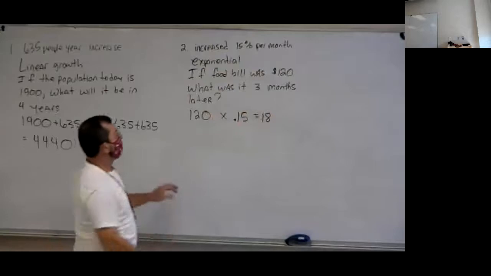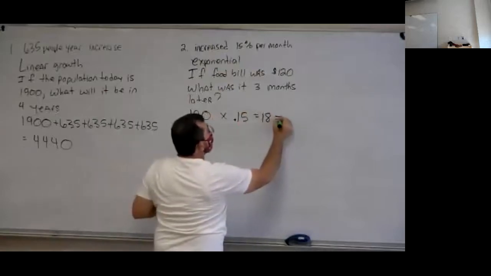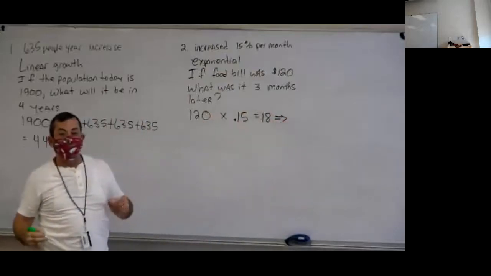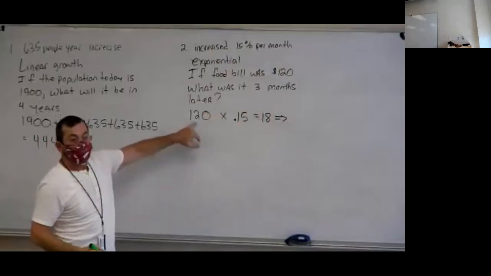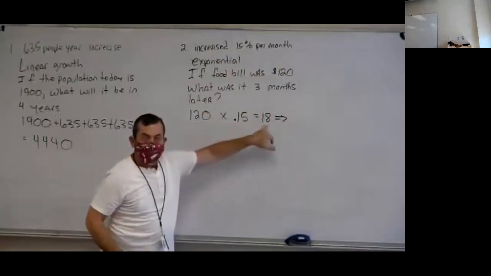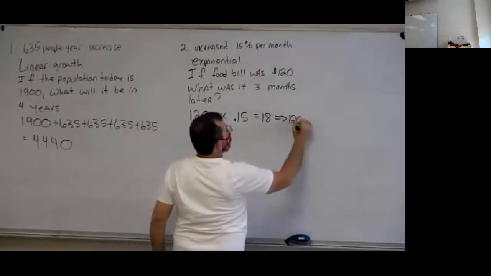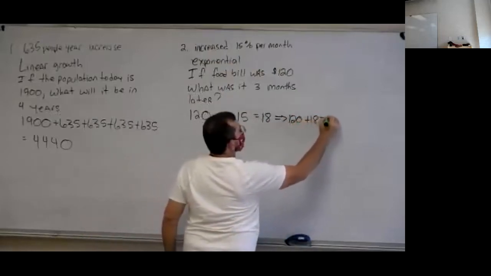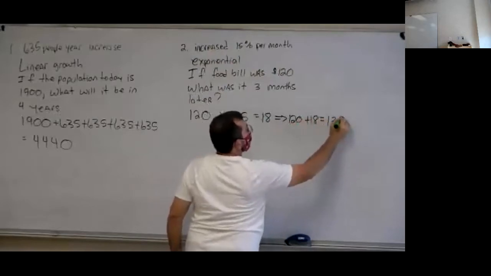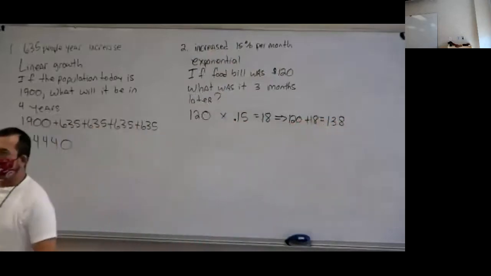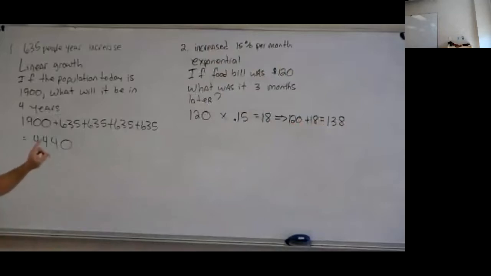But to find the total after that first month, I take the 120 and add the 18. So 120 plus that 18 gives me $138. And that's just after 1 month, your bill went from 120 to 138.